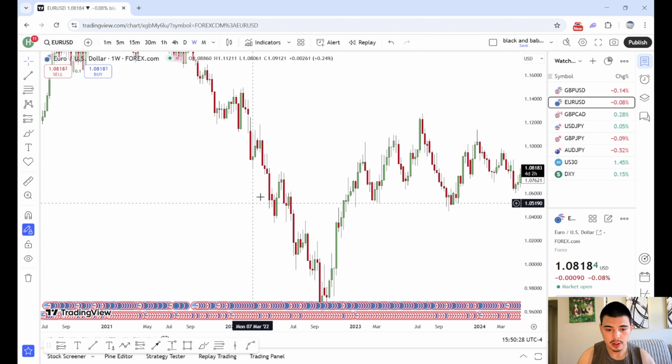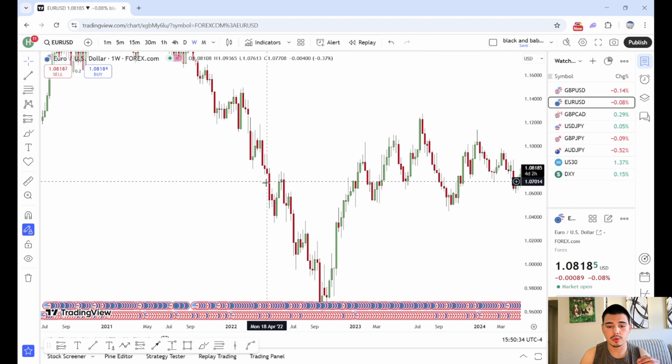Okay, so first are fair value gaps, right? If I delete everything off the chart, you can see right here. I think fair value gaps are a sequence of three candles. One, two, three. Now, a lot of times price has overlapping candles where, like, you can see between these three candles, the wicks overlap between the first and the third, right?